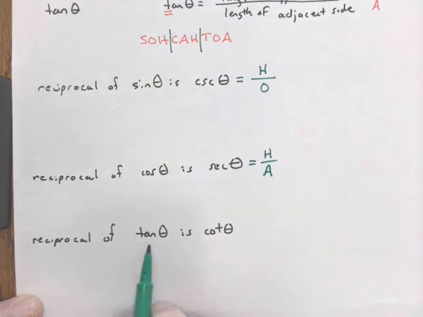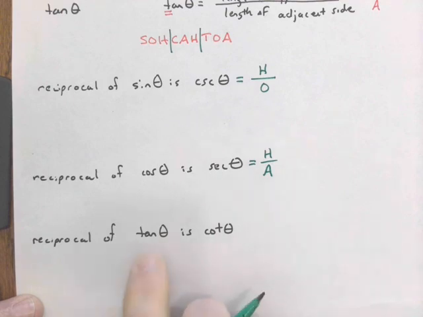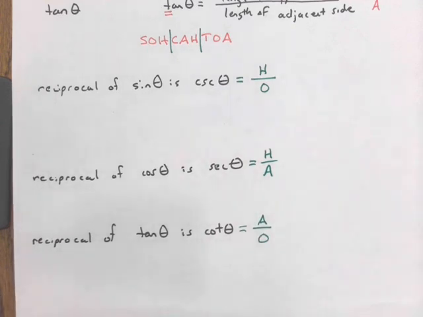And tangent, its reciprocal is cotangent, C-O-T-A-N-G-E-N-T, but again, we use the first three letters. We haven't used those before, so we can use them here. If you know that the tangent is opposite over adjacent, and that the reciprocal of tangent is cotangent, you'd be able to determine that the cotangent is adjacent over opposite.